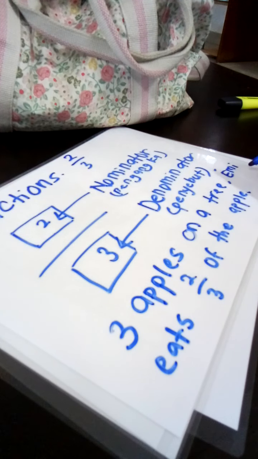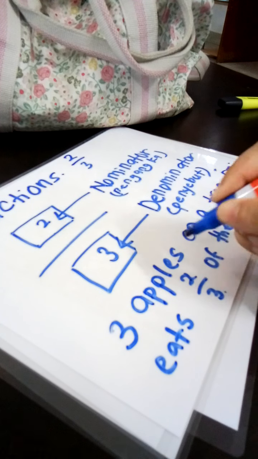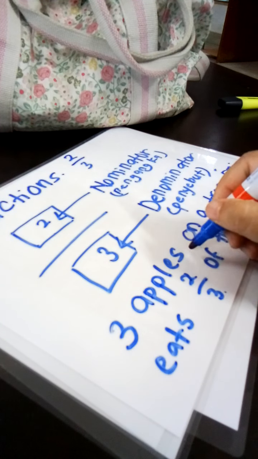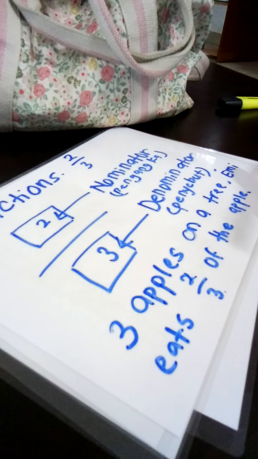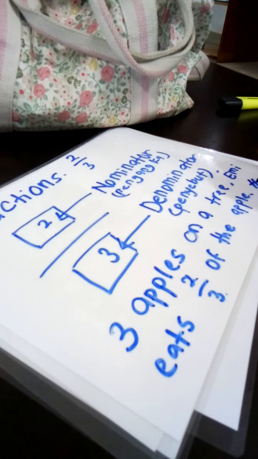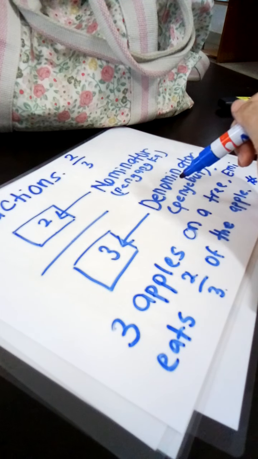Does Amy eat all? No, she only eats 2 apples out of 3. So she only eats 2. She has only 2 out of the 3 apples on the tree. So you need to distinguish what is the numerator and what is the denominator.